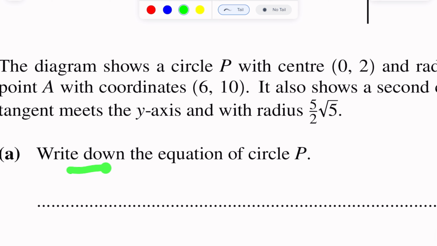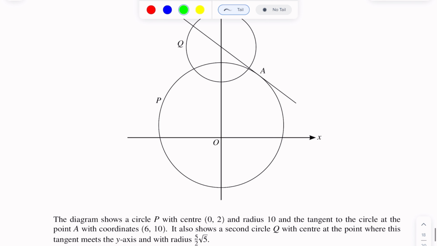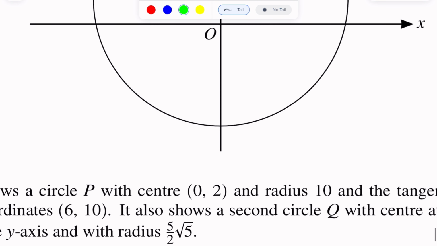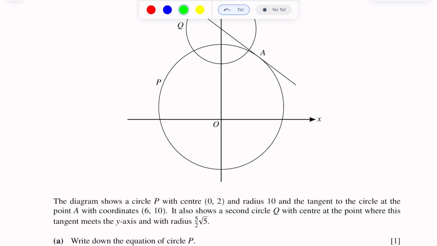To write the equation of circle, we need the center of the circle and the radius of the circle. Center of the circle P is 0, 2 and radius is 10. So let this point be the center of the circle P. Its coordinates are 0, 2.